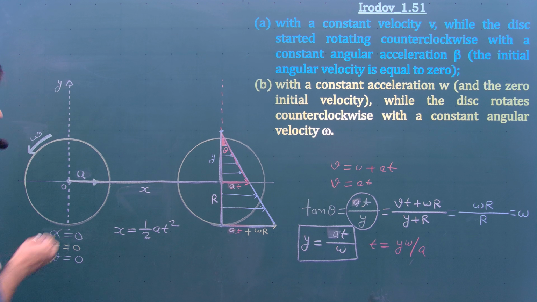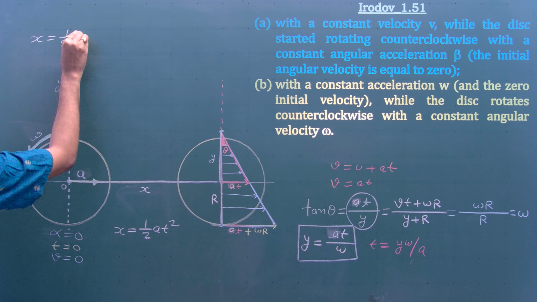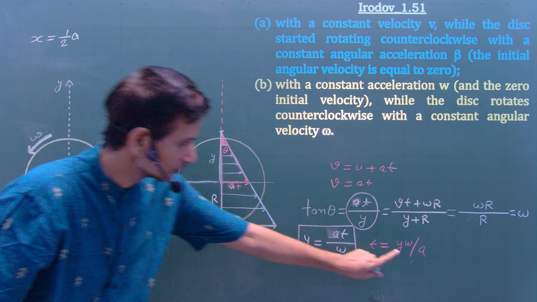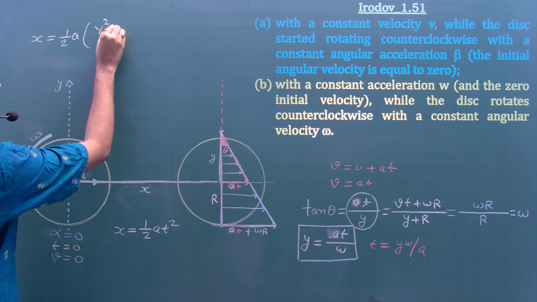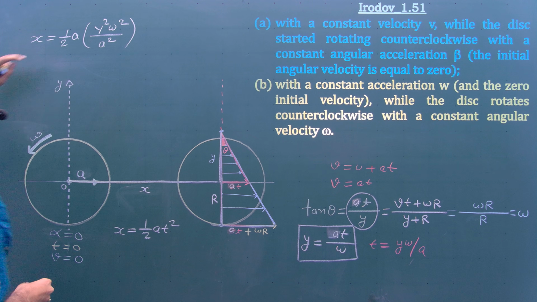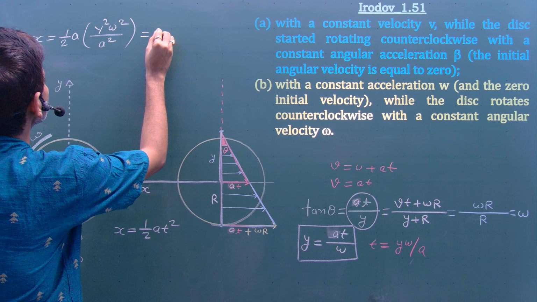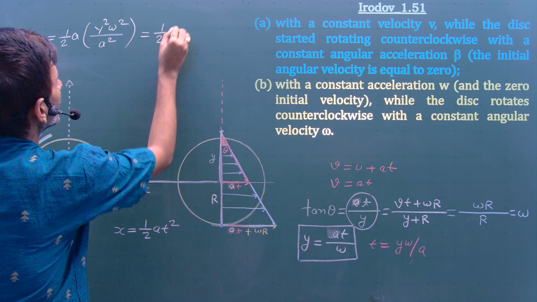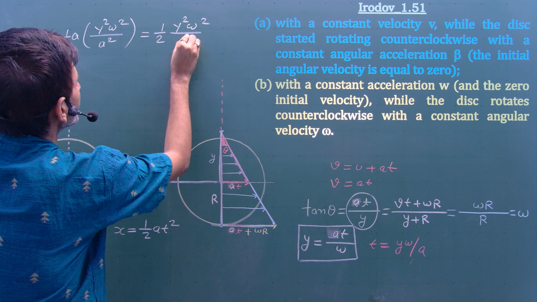So what is the final equation? X should be equal to half a into the square of time, so the square of this number, which is y square omega square divided by a square. So a and a cancel out, and it is equal to half y square omega square divided by a.